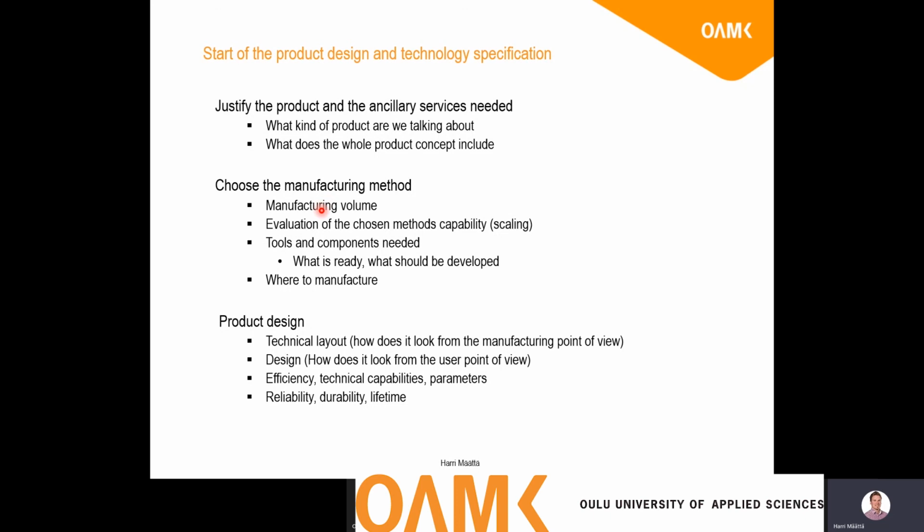Like in the previous lecture, you learned that there are differences in the methods and the materials. What are the tools needed? Are all the tools already there, or is there something that should be developed? And who is going to do the manufacturing? That is something you have to consider.